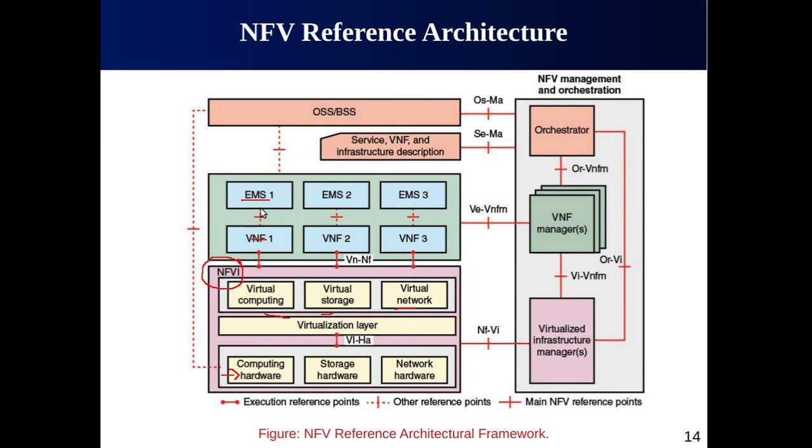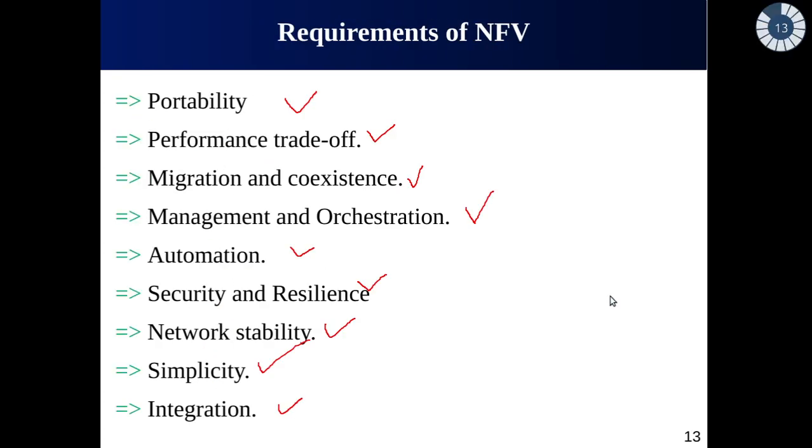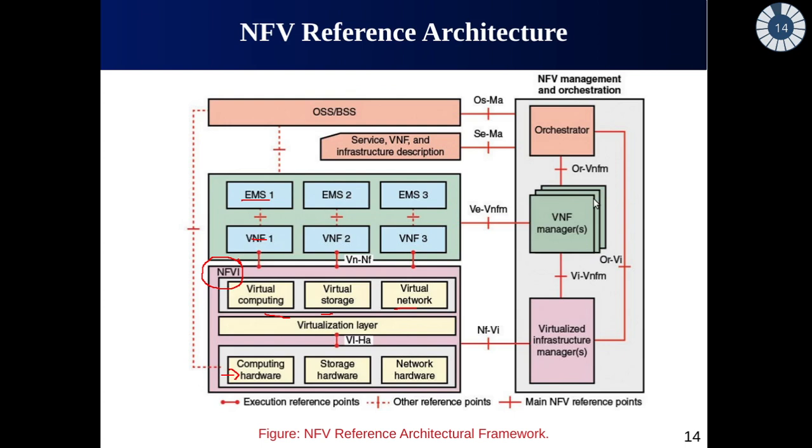And the third important thing is, as we know, the management and orchestration, and that is known as NFV MANO, management and orchestration. It's the same thing that we saw here. And finally, we have OSS and BSS.